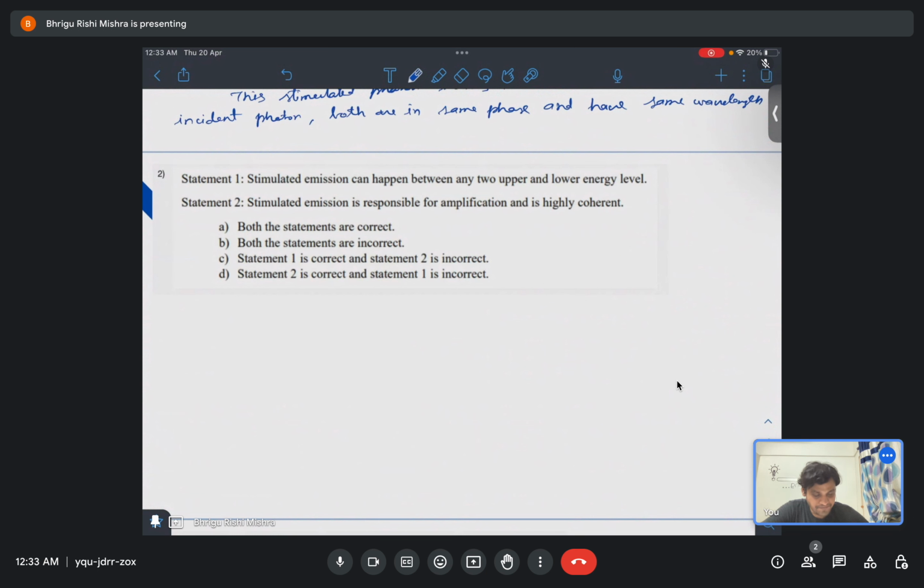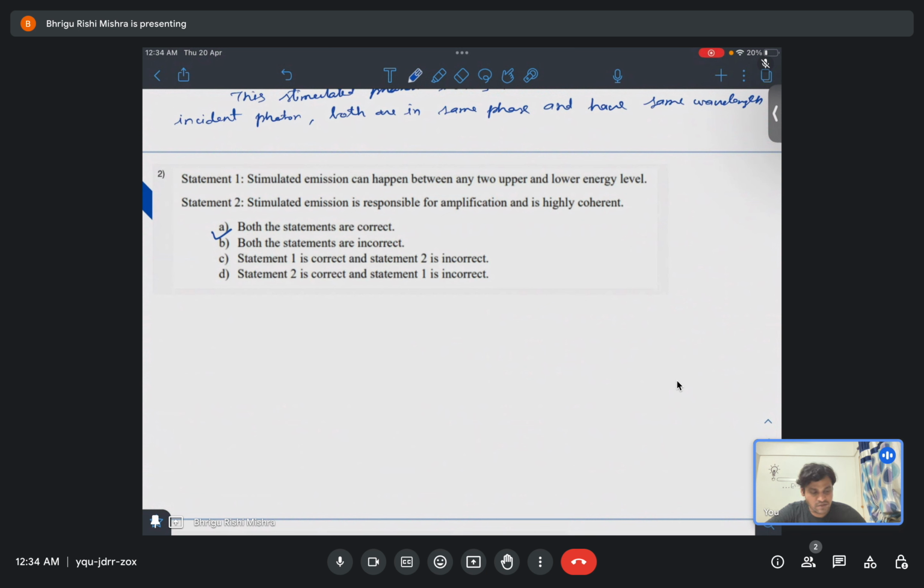Okay, so question 2, statement 1: stimulated emission can happen between any two upper and lower energy levels. Statement 2: stimulated emission is responsible for amplification and is highly coherent. So we just discussed it, so both the statements are correct. It can happen at any two upper and lower energy levels.